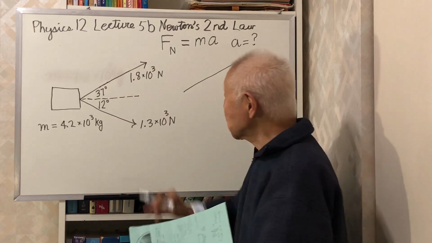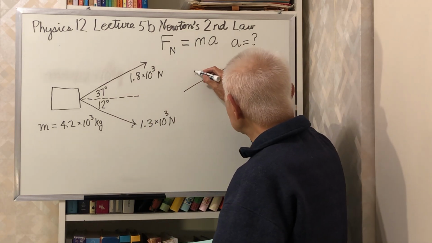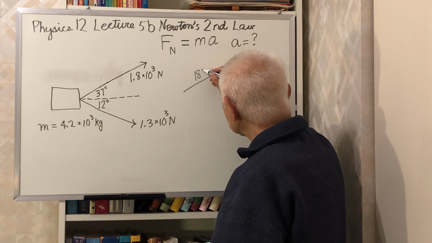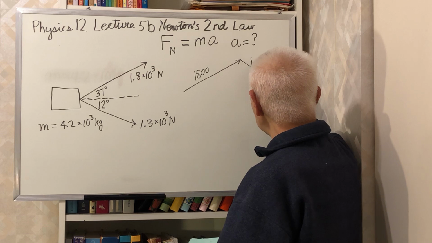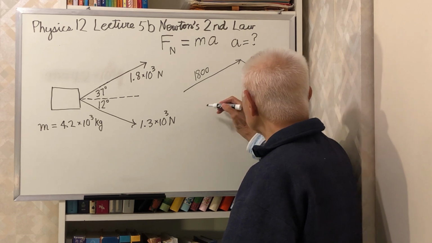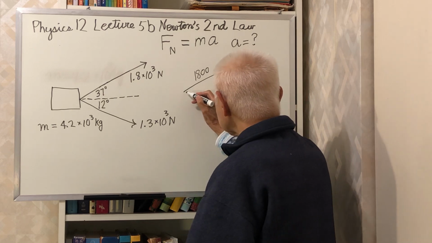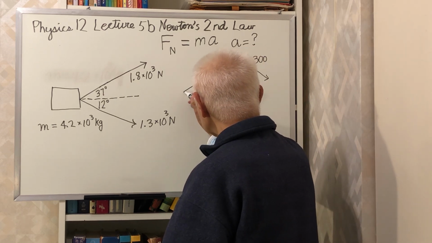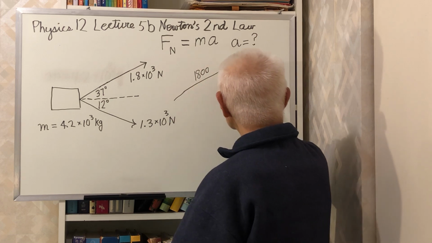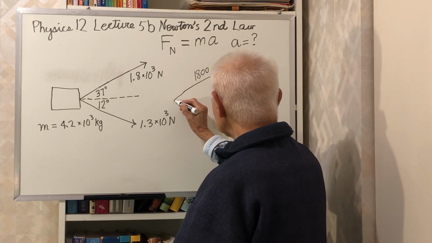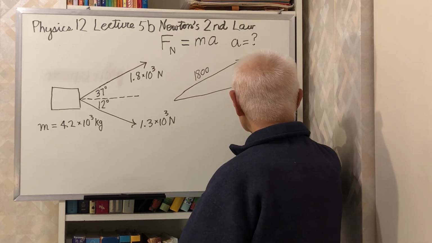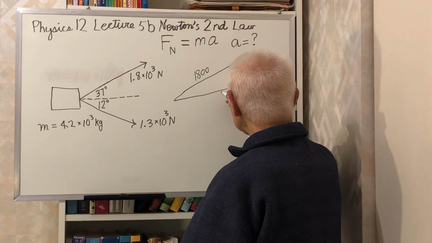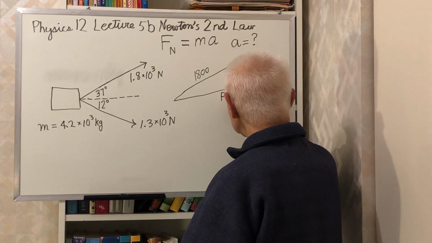So this force is 1800 newtons, and this force is 1300 newtons. And the sum is this. So this is my F net.